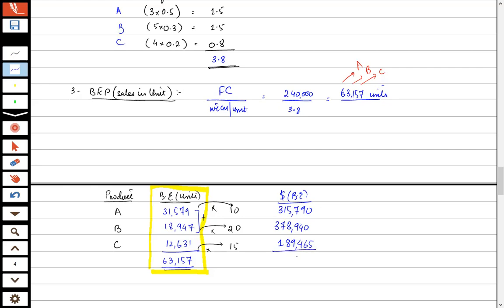And the total amount would be 884,195. So this is the amount of units to be sold individually, and this is the total sales that would be achieved to get the break even.